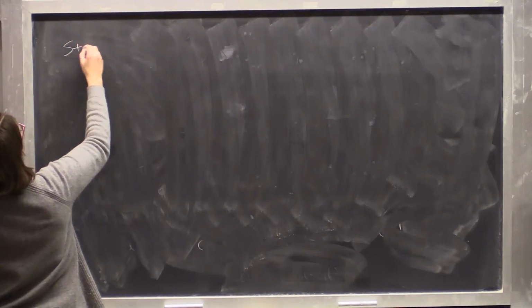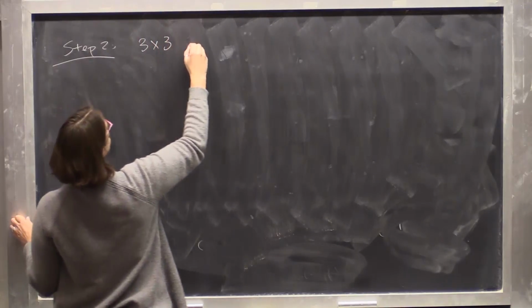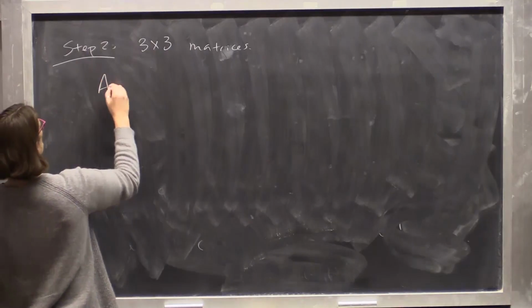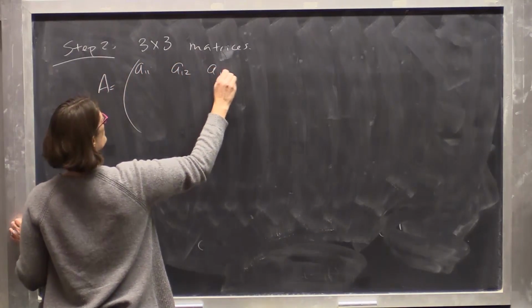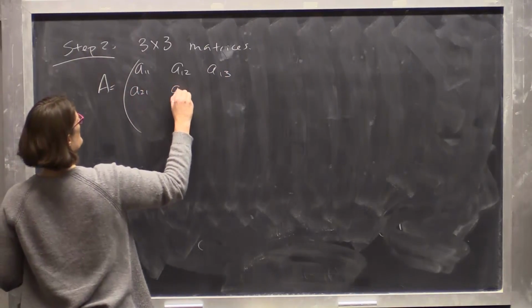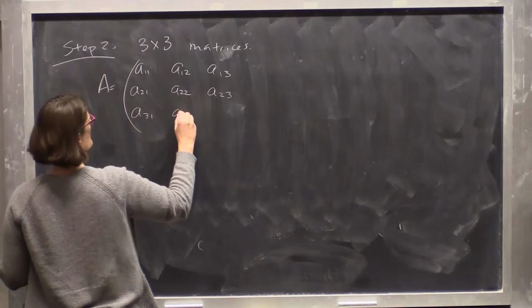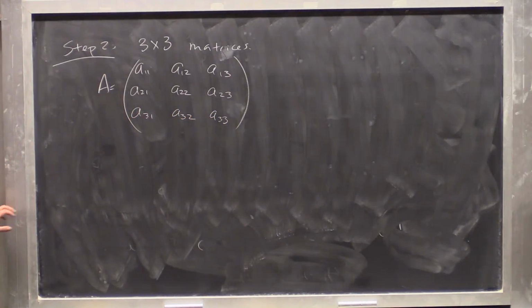Okay. Step 2, 3 by 3 matrices. So A is A11, A12, A13, A21, A22, A23, A31, A32, A33. How many possible swaps are there?